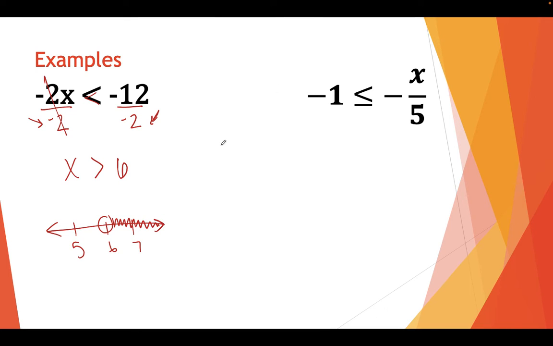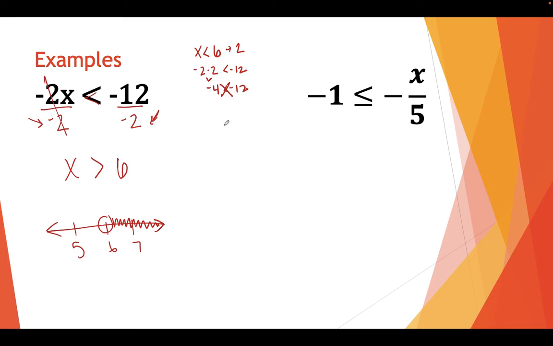Before we try the second example, let's just take a look at why this is true again in another way. If I left my inequality symbol as a less than, if I choose a number less than 6, let's say I choose 2. If I plug 2 into my original inequality, -2 times 2 is -4, and -4 is not less than -12.